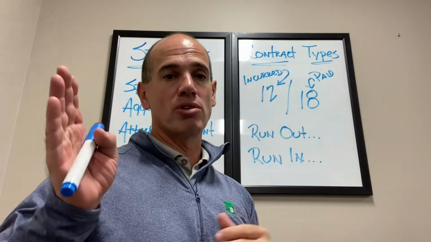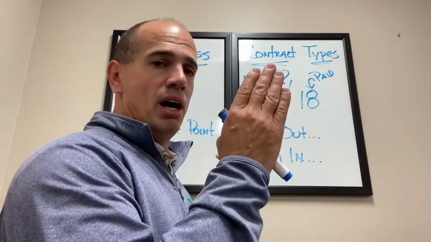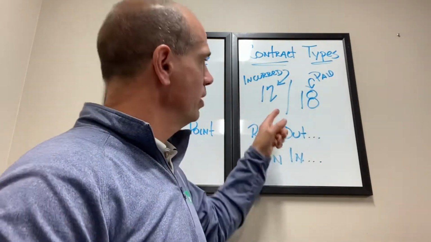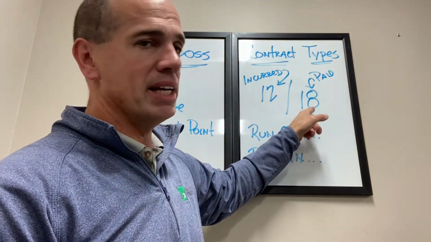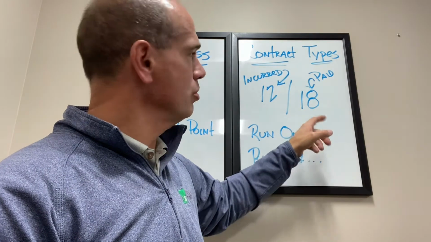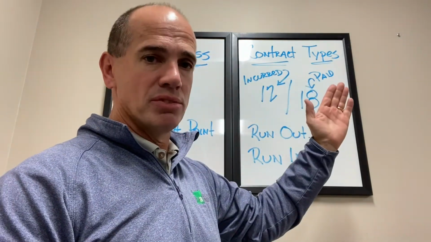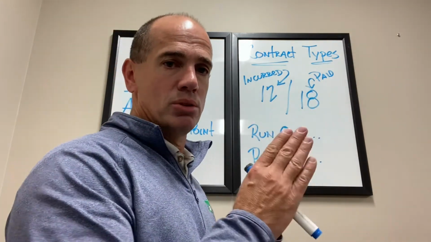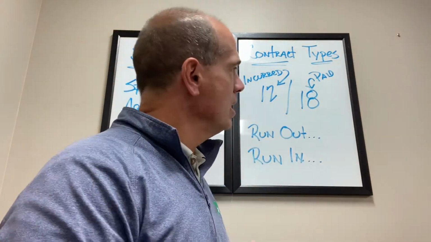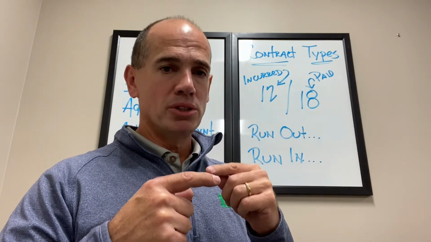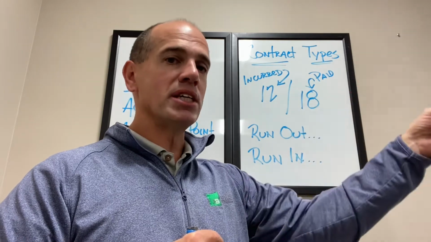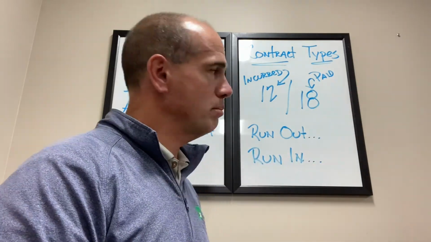If your plan year runs January through December, then all the claims incurred from January to December in that 12-month period are covered by that contract as long as they're paid within 18 months. So the claims actually occurred, the date of service is within the 12-month window of your plan, right? Then there's a 6-month run out, meaning the TPA is processing claims that should be covered under that stop loss contract up to 6 additional months out. So you've got 6 months of run out under that particular contract.